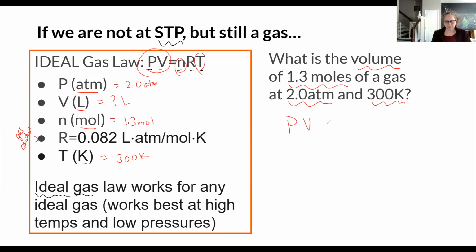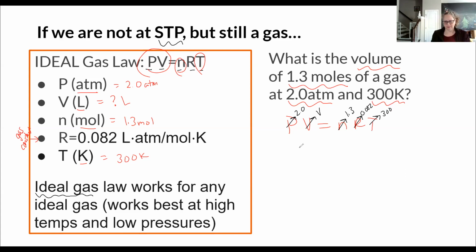So what's my equation? PV equals nRT. Instead of P, I'm going to put in 2.0 because atmospheres is units of pressure. Instead of volume, I'm going to keep that V because that's our variable. Instead of n, I'm going to put the moles, 1.3. Instead of R, I'm going to put 0.082.